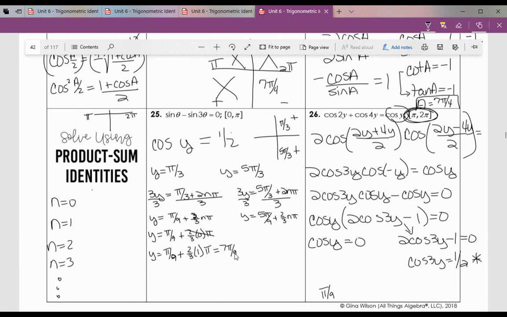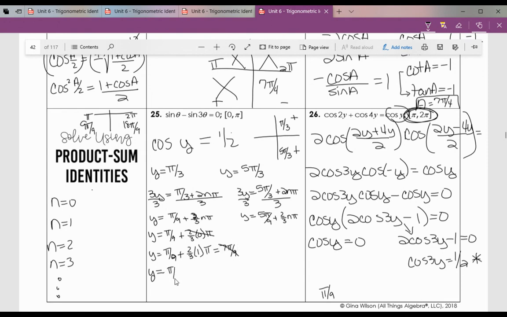And 7 pi over 9 does not fall between pi and 2 pi, so I can't keep that as an answer, because basically I need 9 pi over 9 to 18 pi over 9. 7 pi over 9 does not fall in that interval.